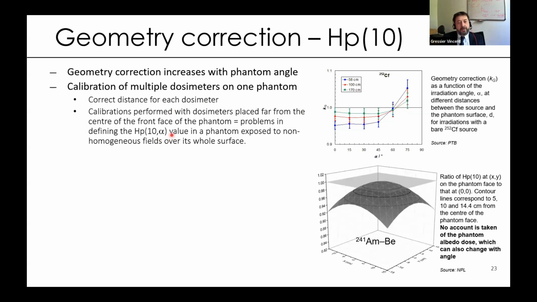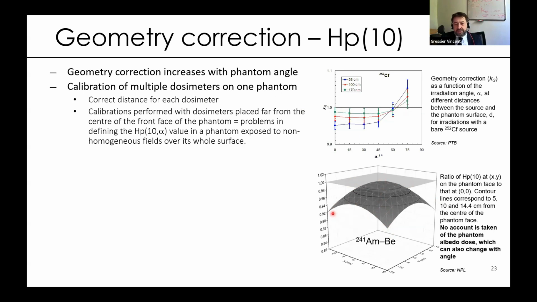Another point is that you do not have homogeneity of the dose equivalent value over the whole surface of the phantom. This is from a calculation done by NPL. This is the variation of the dose depending on the position compared to the center of the phantom. You will see that it decreases as you reach the edges compared to the center.